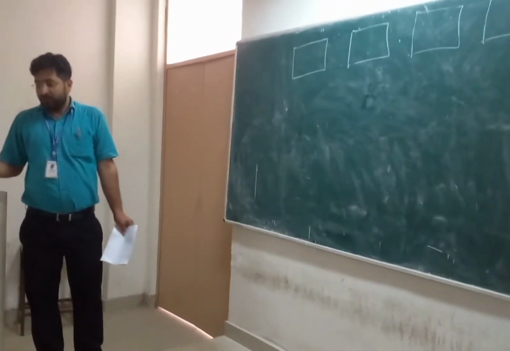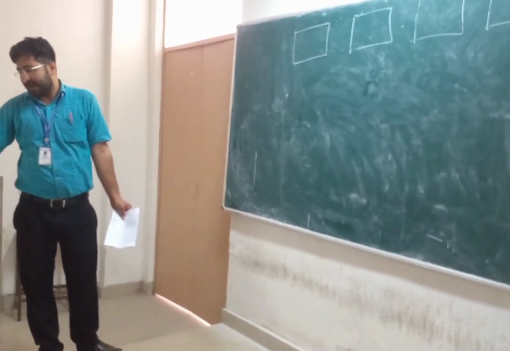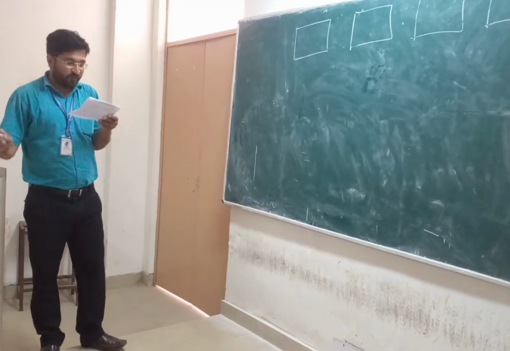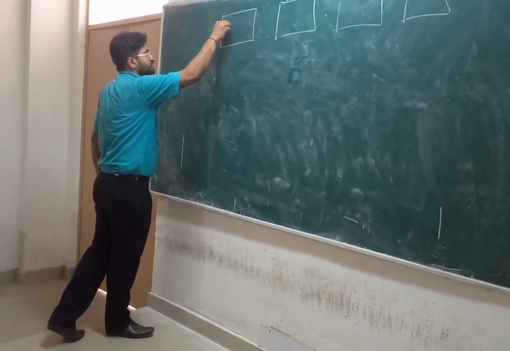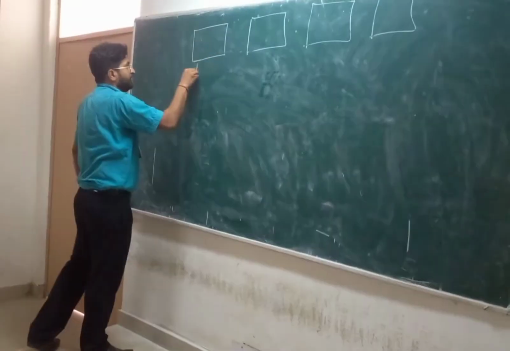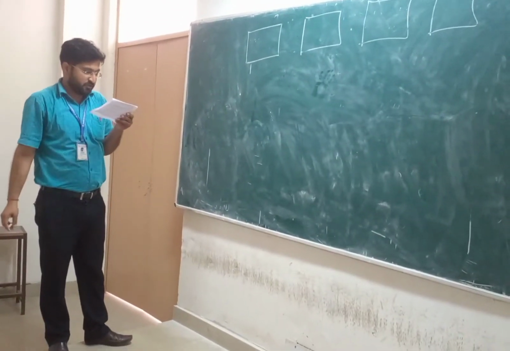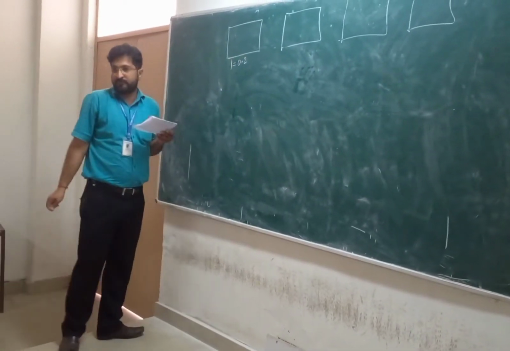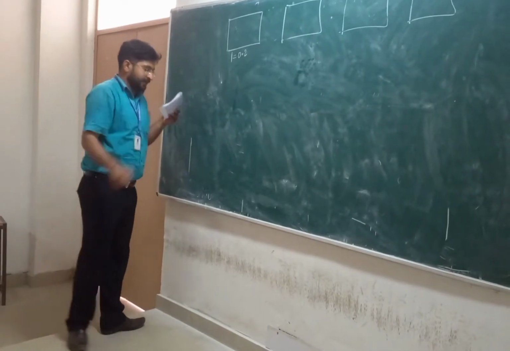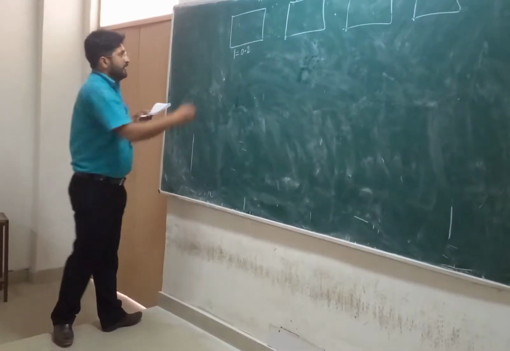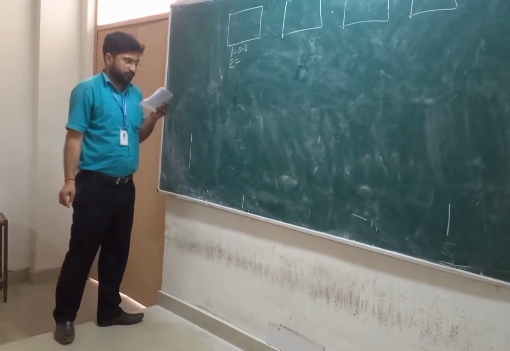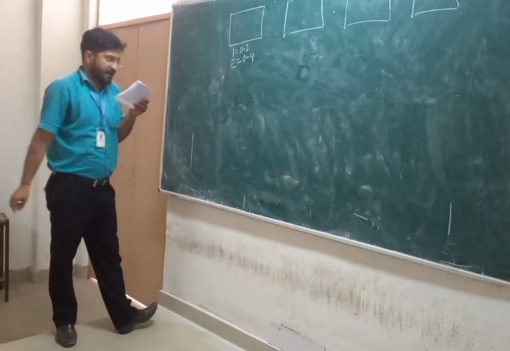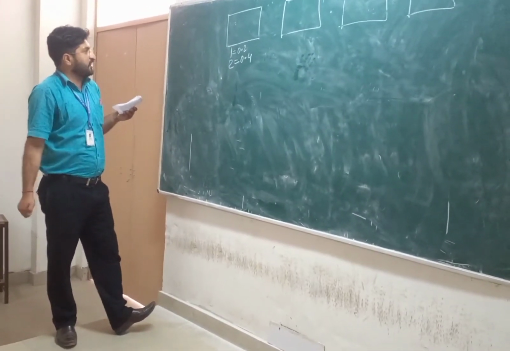So first we will allocate element 1. Element 1 timing is 0.2 minute. Element 2 timing is how much? 0.4.